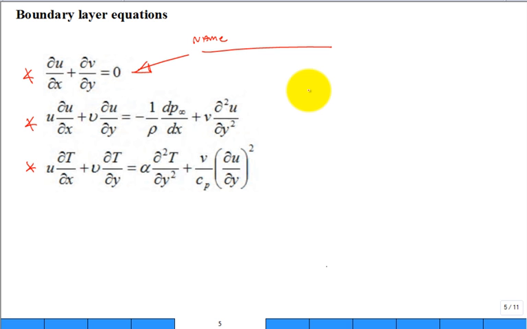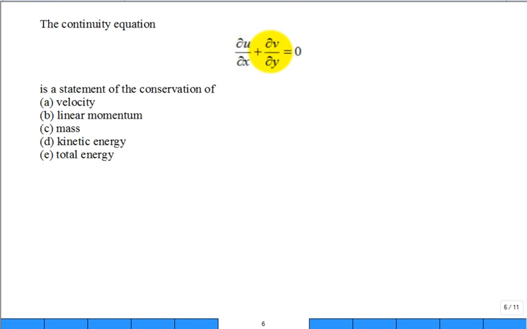It's the continuity equation. This equation right here is the two-dimensional continuity equation. It is a statement of the conservation of, your choices are velocity, linear momentum, mass, kinetic energy, or total energy.